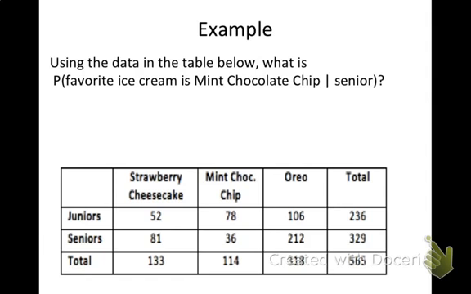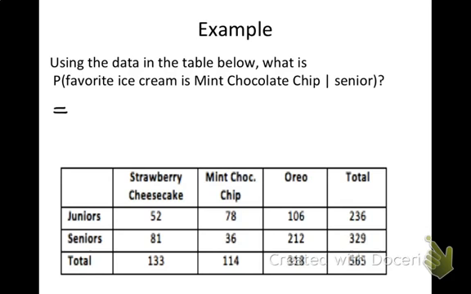For the first example, we want to find out how many people's favorite ice cream is mint chocolate chip, given that they are seniors. For this first one, I actually write out the formula with what we've been given. So we don't have the probabilities. We could find them, but that would be a little bit extra work.